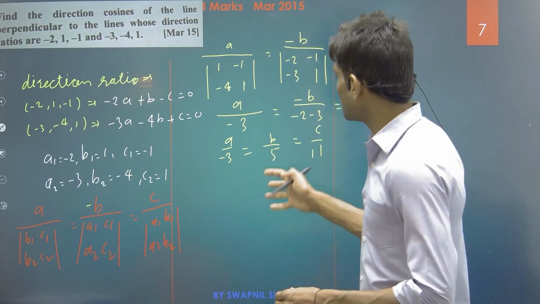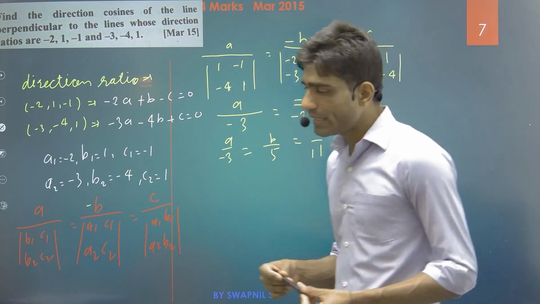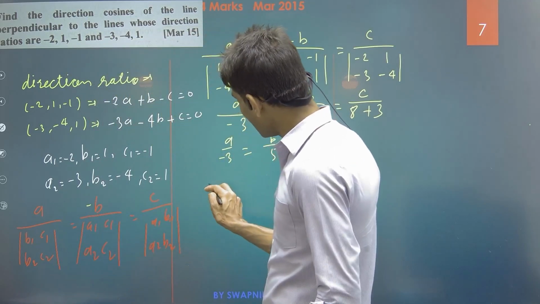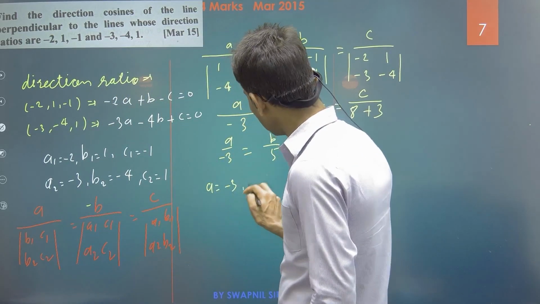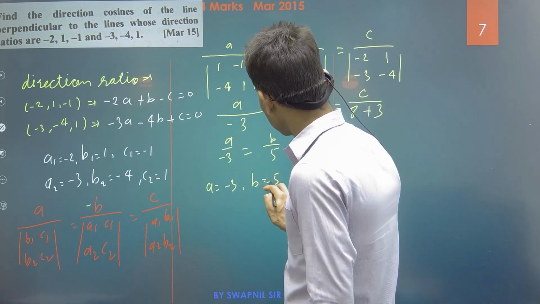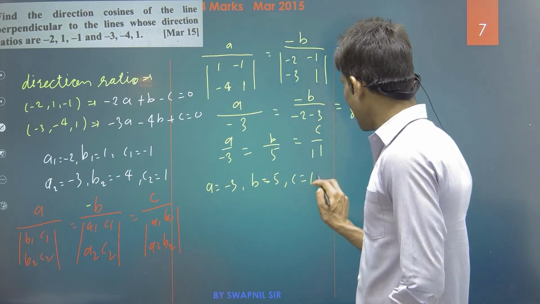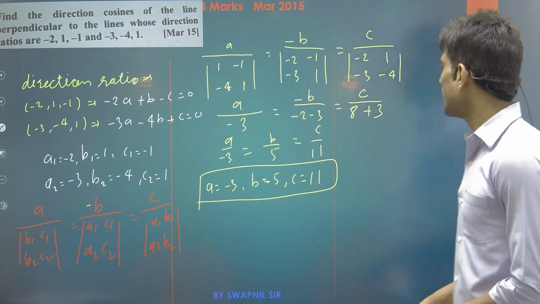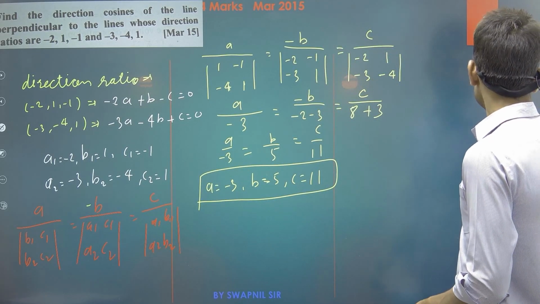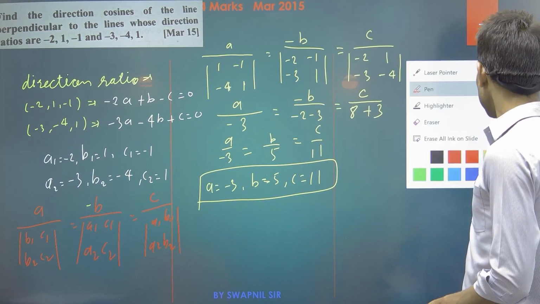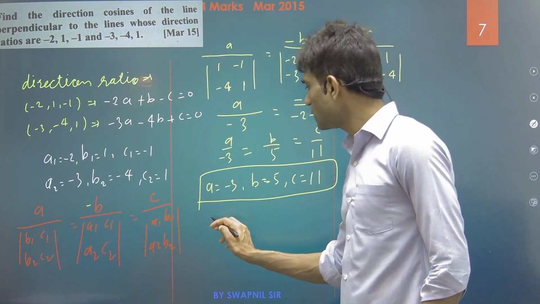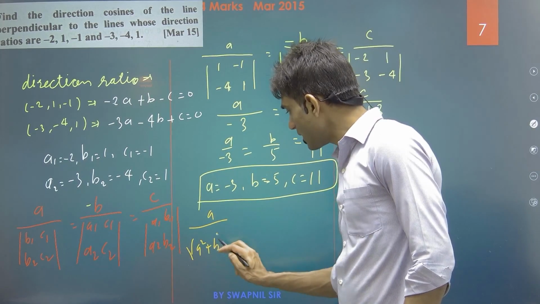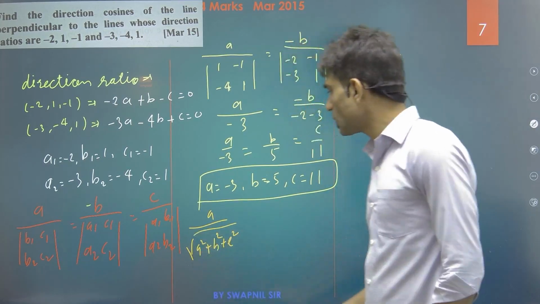Using these values, define A, B and C: A equals -3, B equals 5, and C equals 11, which are the required direction ratios. For finding the direction cosines of the line, we use the result A upon the square root of A square plus B square plus C square, which is the first direction cosine.